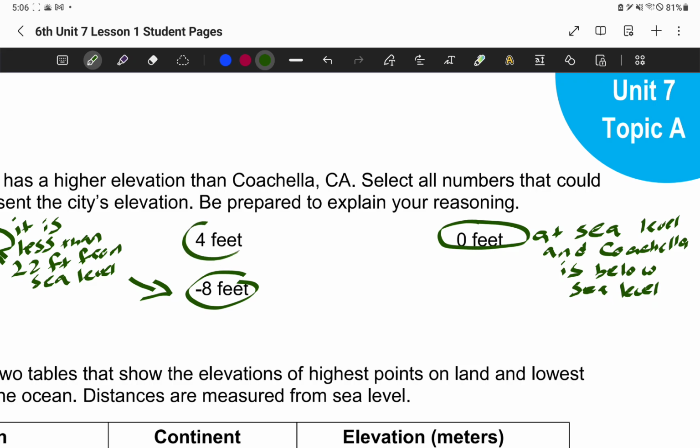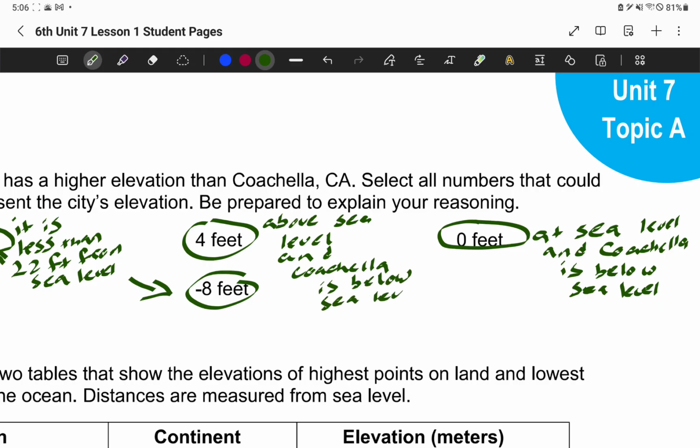And then, of course, this one, because it's above sea level. And Coachella is below sea level.